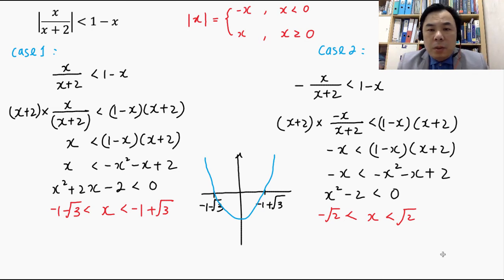Now the problem is, how am I going to combine them together? Or should I combine the two solutions together, or should I leave it as it is, saying that these are my two solutions here? This is the first part of the steps in how to solve an inequality that involves a modulus function.